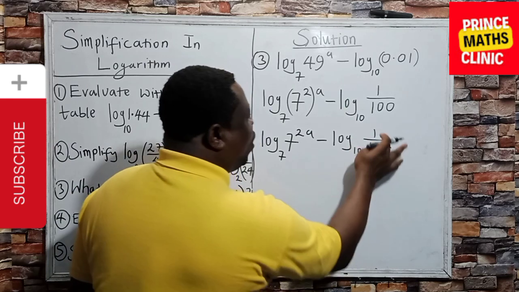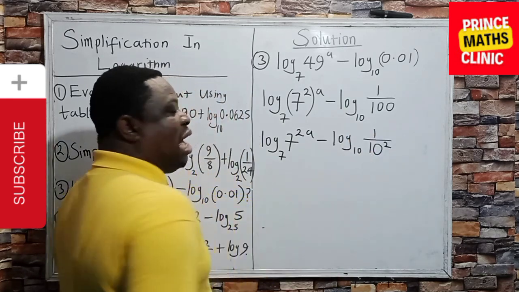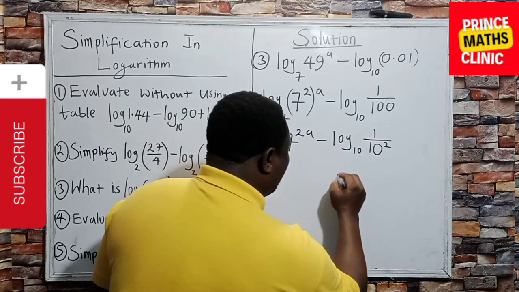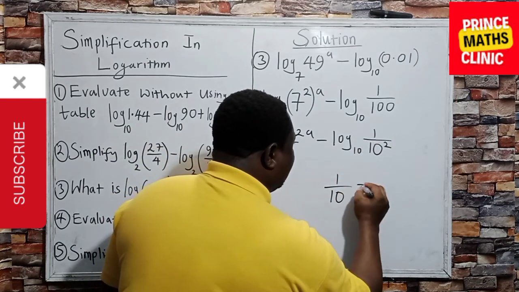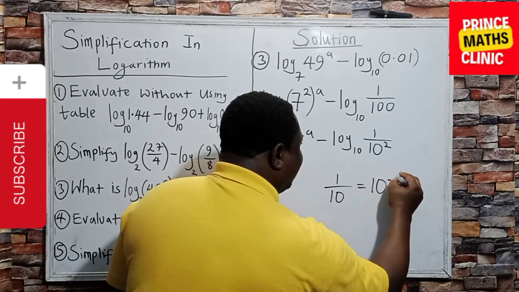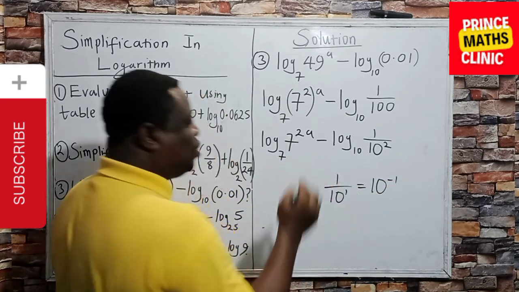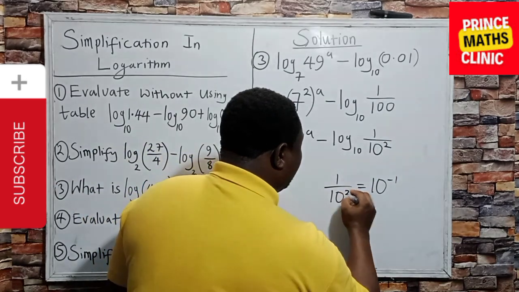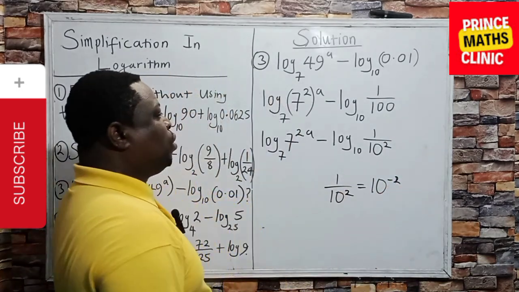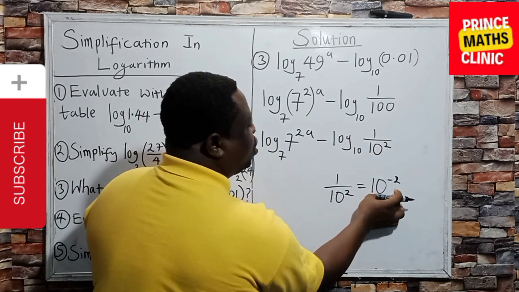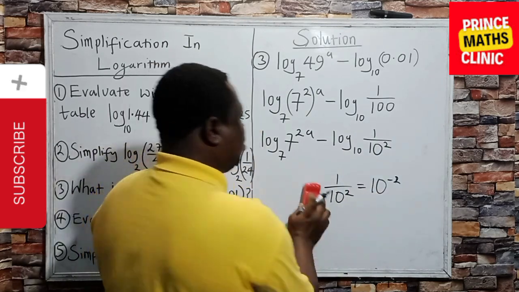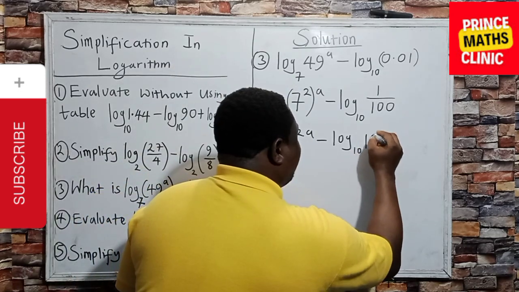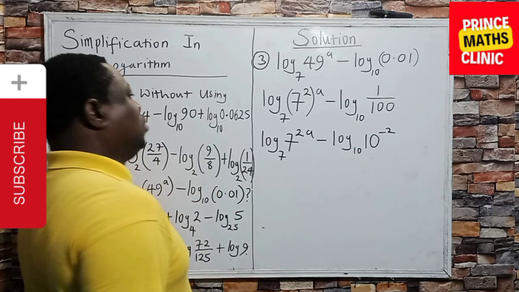Then to write the whole of this, since this is 1 over, I've said time and again that once you have something like this, if you have 1 over 10, it is the same thing as 10 to the power of minus 1, because the power of 10 here is 1. Now that you have the power of 10 to be 2, this becomes 10 to the power of negative 2. So instead of writing this, I want to put it in this form here. Good. So this becomes 10 to the power of negative 2.